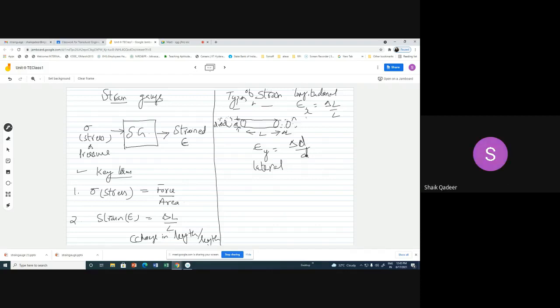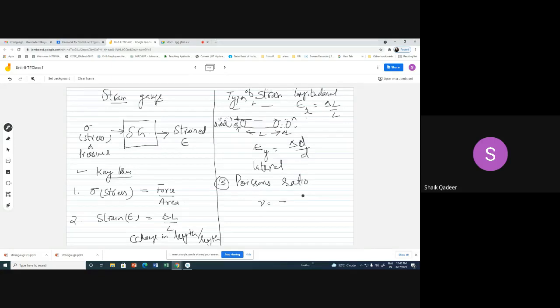Quickly take another definition, Poisson's ratio, another key term. It is represented by the letter eta.